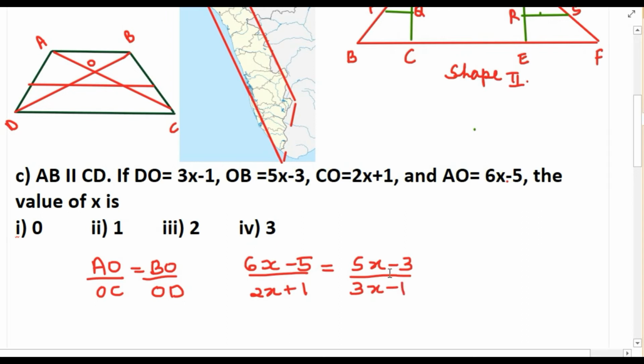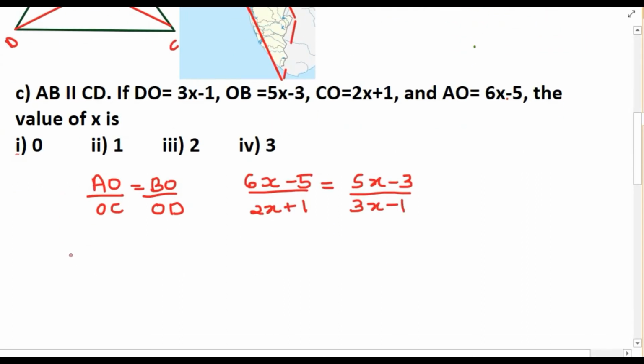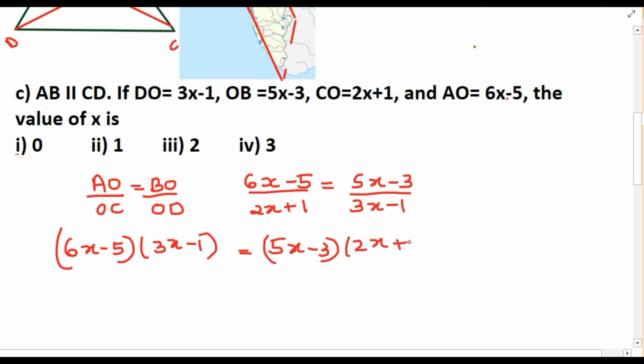Now we need to cross multiply this. So 6x minus 5 into 3x minus 1 equal to 5x minus 3 into 2x plus 1.